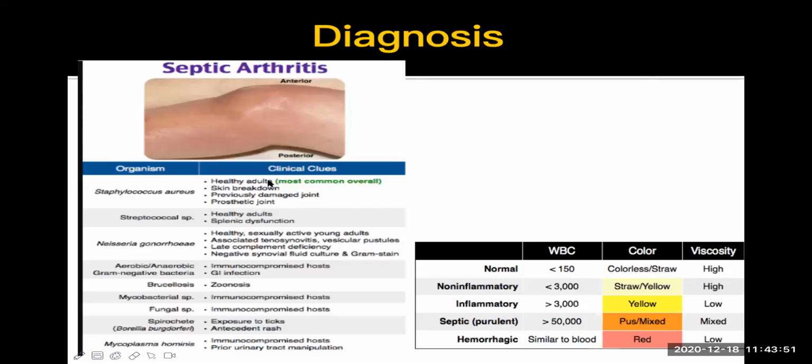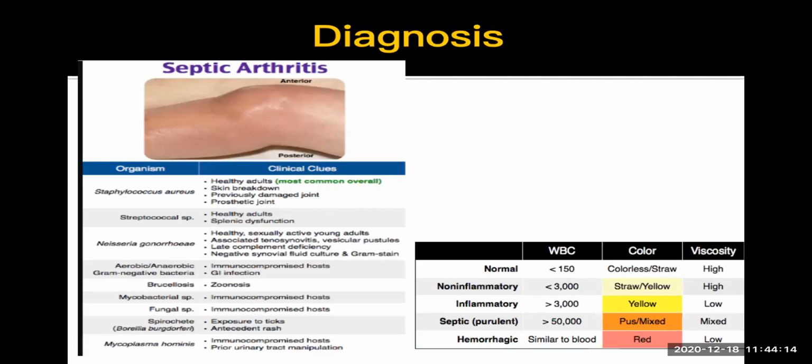Overall, the patient is healthy. There may be a breakdown of the skin, and through that Staph aureus has entered inside, or there may be a previously damaged joint, or there may be a prosthetic joint, or sometimes the joint is absolutely normal and the organism has reached there through the hematogenous route.